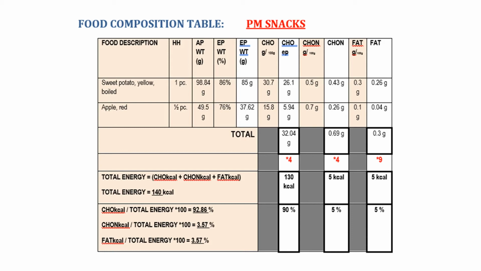Now we get their product, and we then total them to get the total energy. Now we have to find their respective percentages. So we divide the kcal over the total energy times 100.